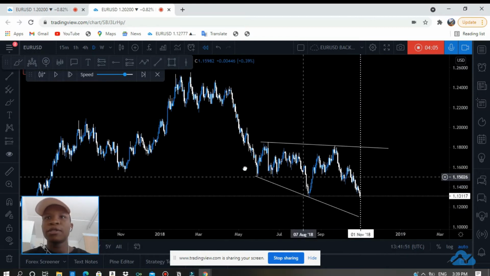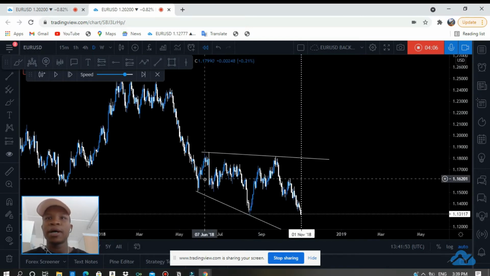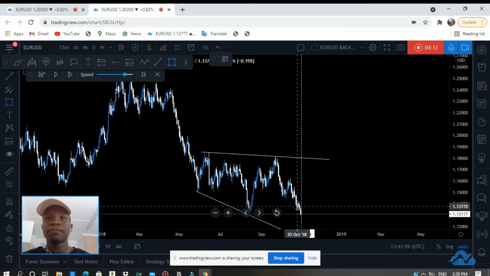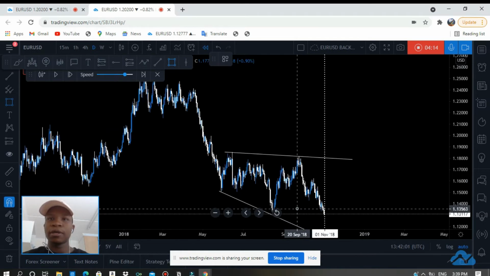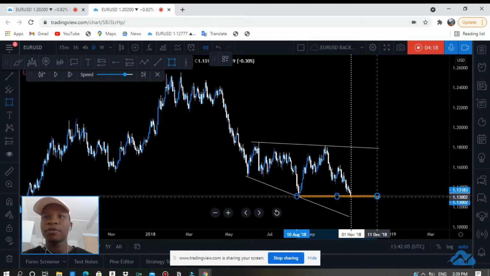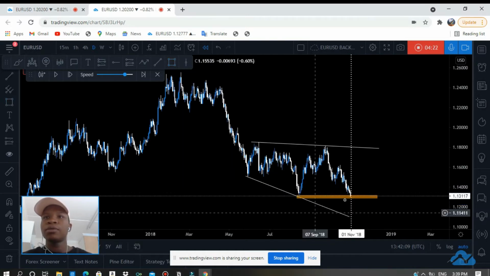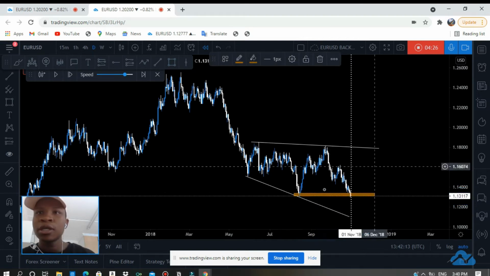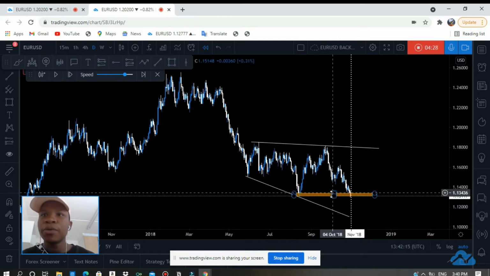The price is not convincing me to take any sell or any buy, but you can clearly see here we've got a support area. Here we've got a support area here. I'm just gonna mark out the support area with this beautiful rectangle there, and then we want to see what's going to happen after we mark the price there. Nice. So we covered from the bodies to the wick.